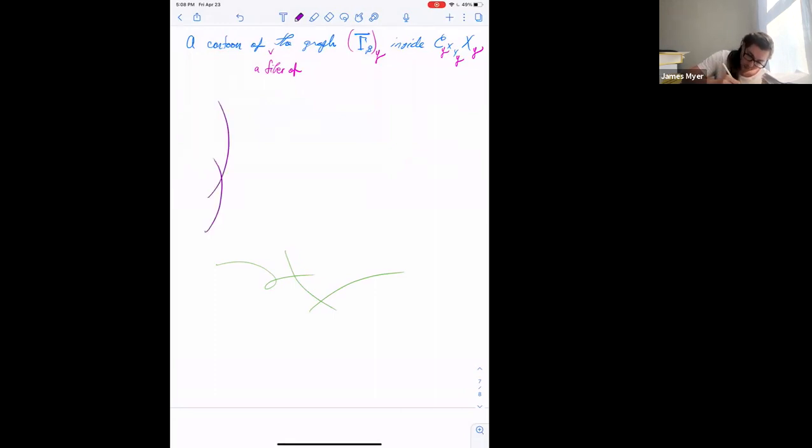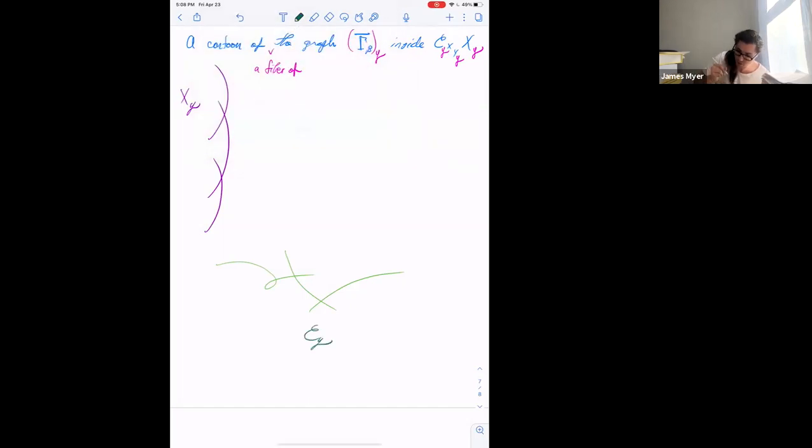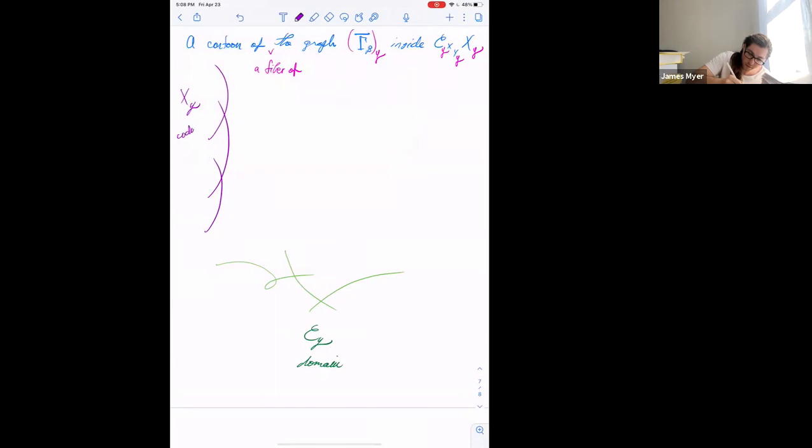Like it could look like this. So this is like X sub Y, and this is like C sub Y. Right? These are the domain and the codomain parts of, like, if you were to draw the graph, it would kind of look like this. And then the graph lives inside of here. So I'll try to draw the graph somewhat.